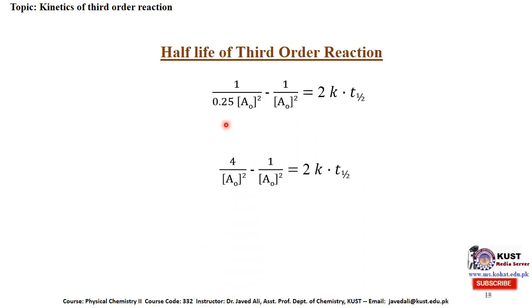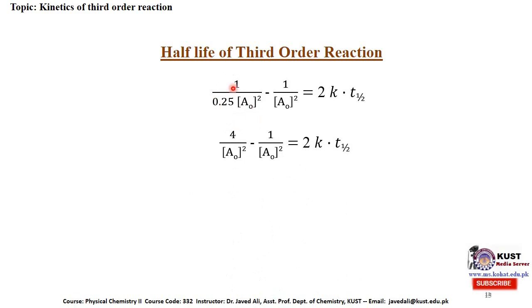Now we can rearrange this equation: 1 divided by 0.25 a naught square minus 1 divided by a naught square is equal to 2k half-life, to 4 divided by a naught square minus 1 divided by a naught square is equal to 2k half-life, because 1 divided by 0.25 is equal to 4. 4 divided by a naught square minus 1 divided by a naught square is equal to 3 divided by a naught square, which is equal to 2k half-life.